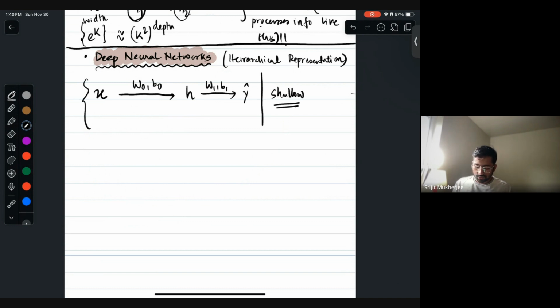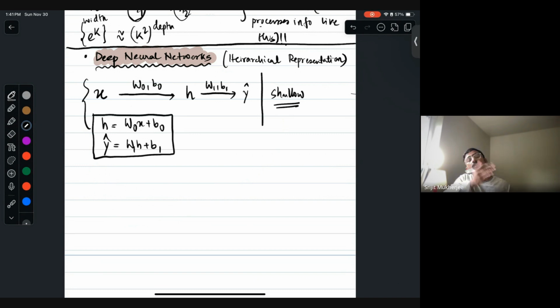We have H equal to W naught X plus B naught, and Y hat equal to W1 H plus B1. Now we wanted more hierarchical representations. You see, this H is called a representation.